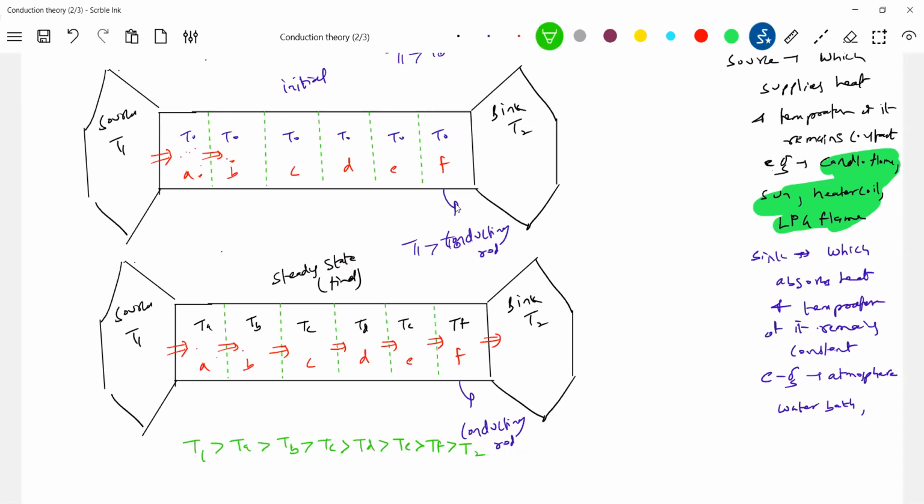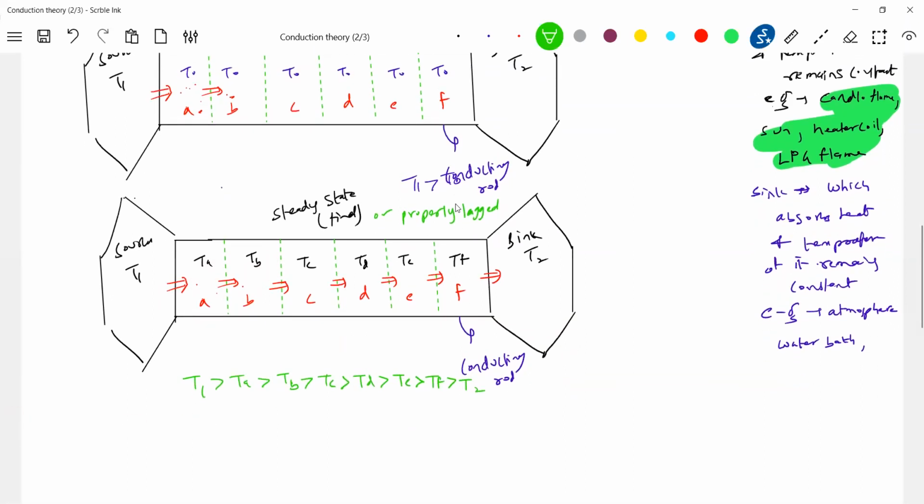One more terminology we use: properly lagged means each and every element has absorbed heat and attained one fixed temperature. Then they will be only involved in transfer of heat here. So what is the conclusion we can make at steady state?